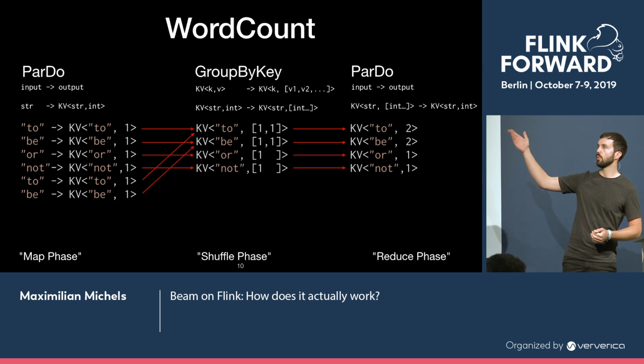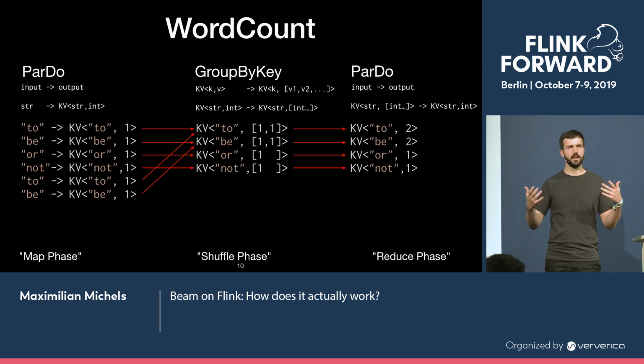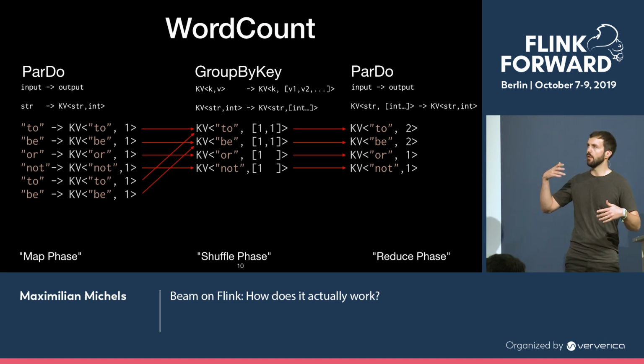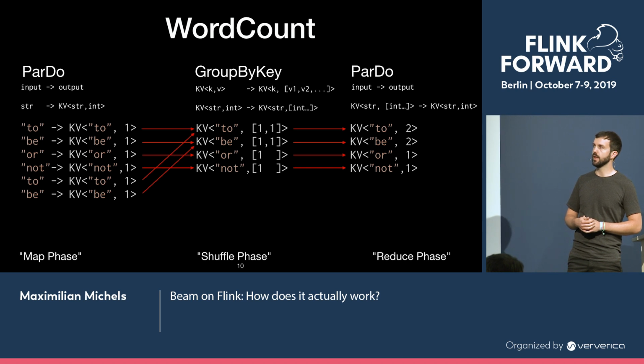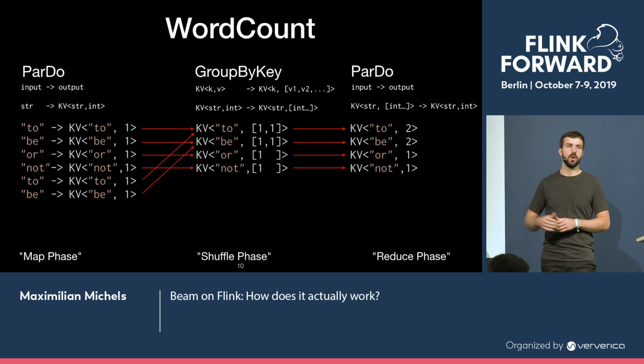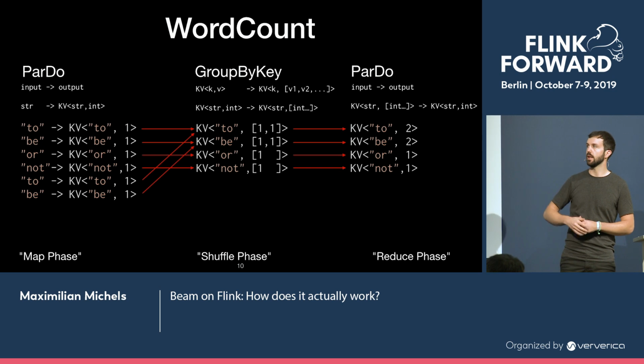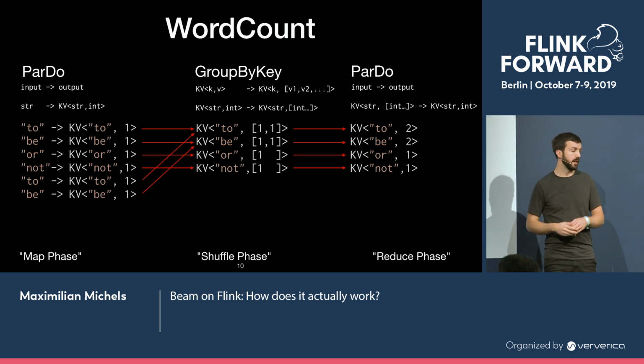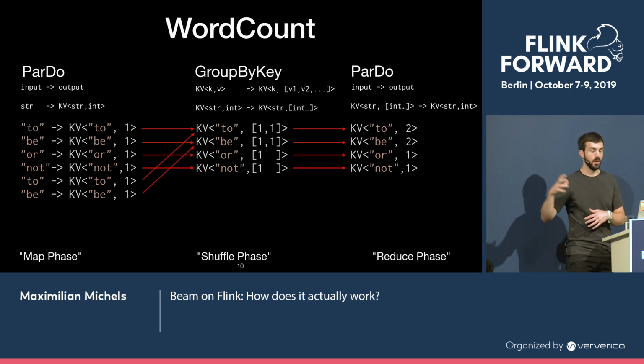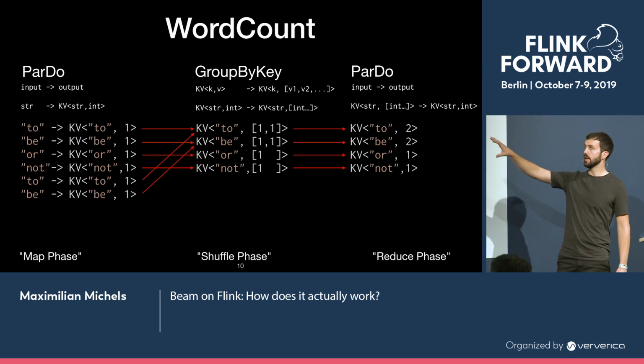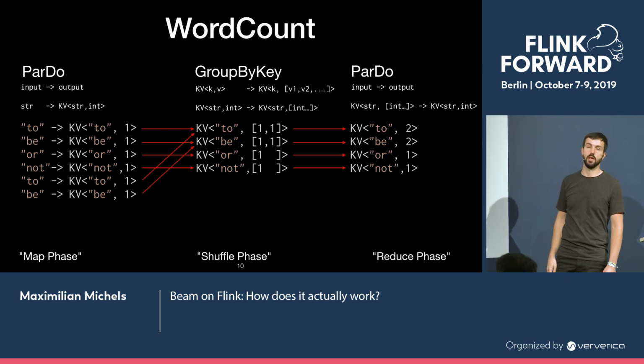So here, let's just do the word count. We have a series of strings, to be or not to be, and we assign this key value object. And that's another thing about Beam. It tries to be very concise in the sense that if you use a key value object and you have set the key, in this case to these words, then automatically, if I do a group by key, these keys will end up on the same machine, and you get an aggregate list of all the values for each key.